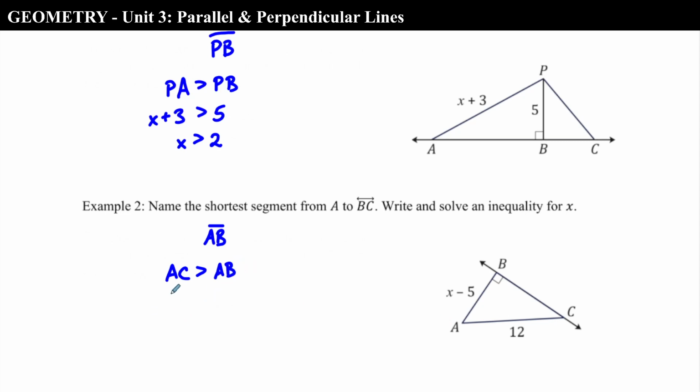The length of AC is 12, and the length of AB is x minus 5. So we add 5 to each side, and you get 17 is greater than x. So in other words, x is less than 17.